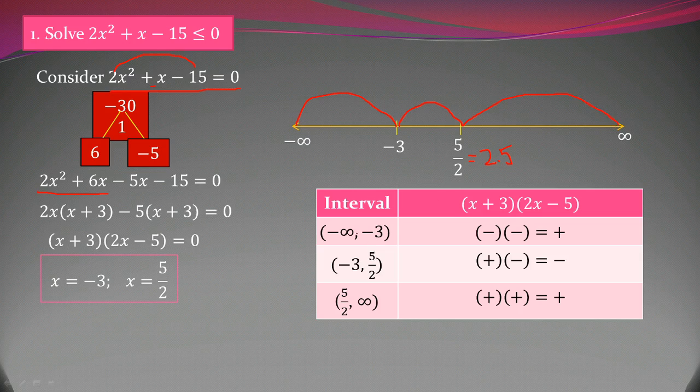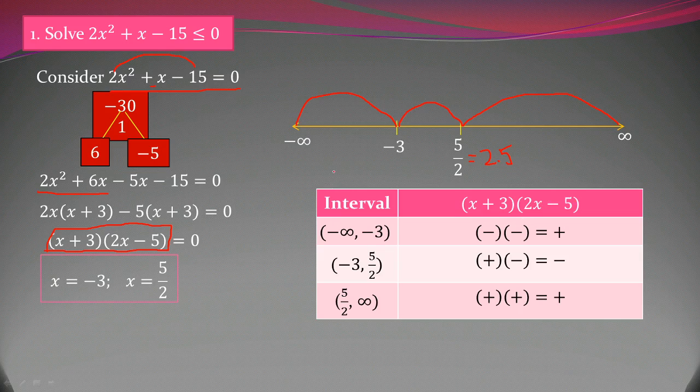The expression is x plus 3 into 2x minus 5, which, if you multiply these two, gives 2x square plus x minus 5 minus 15. I have considered only this factored part because we want to find the sign values, and it will be easy to find them.